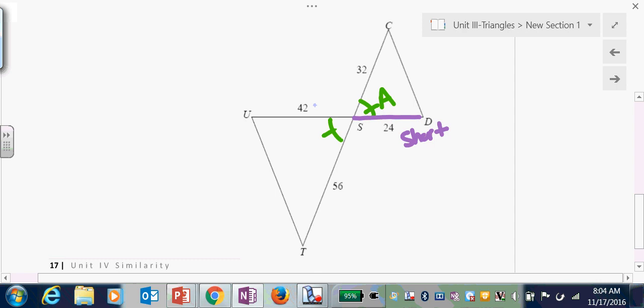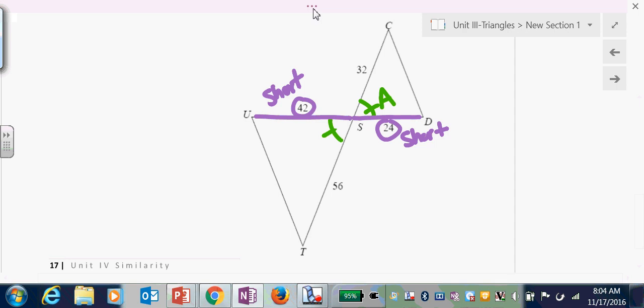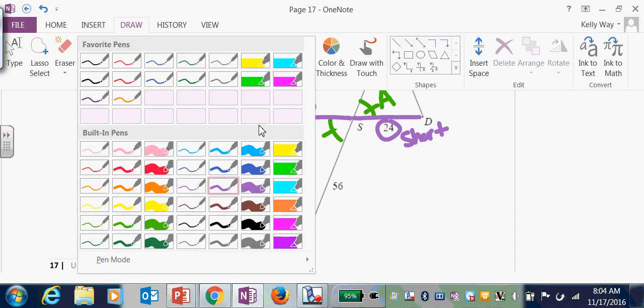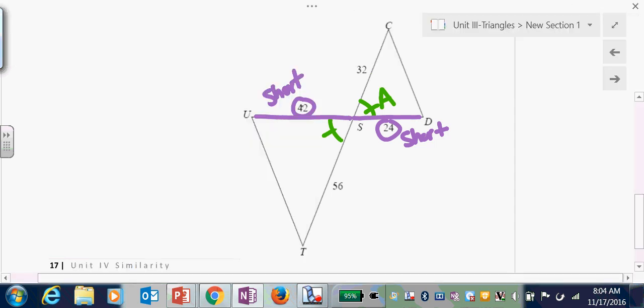Then I come to the other triangle, and I find my shorter side of that triangle, short. And now I'm going to reduce and ask myself what goes into both of these. And I know 6 goes into both. So 6 goes in here 7 times, and 6 goes in here 4 times.